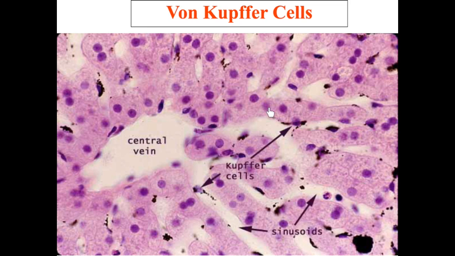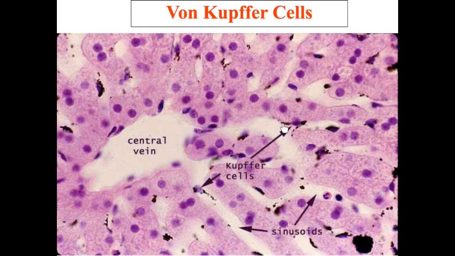And also it is stained with hematoxylin and eosin, as you see in the section, but the stain applied first was the vital stain to stain the von Kupffer cell. And then the section is stained by hematoxylin and eosin.